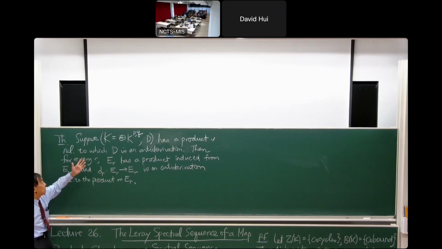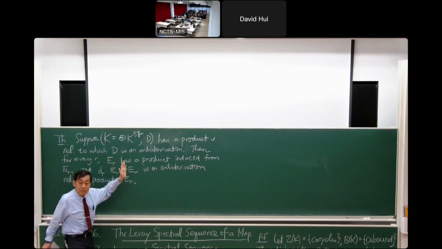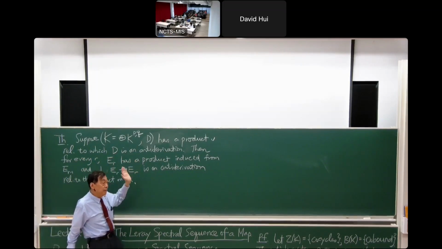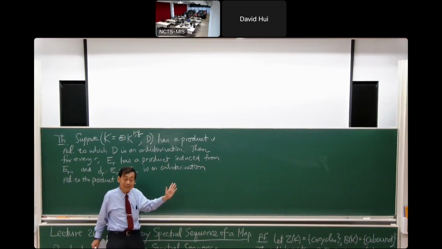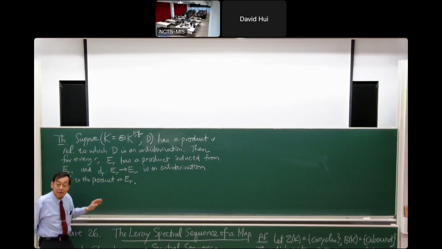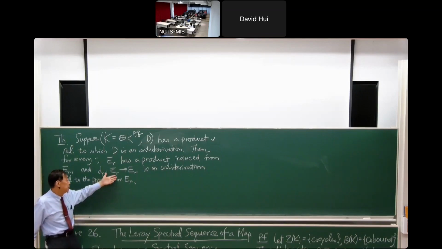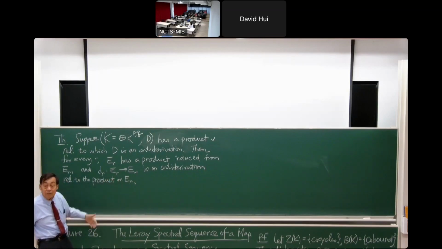And then for a double complex, in each degree, the filtration is always finite. So you'll get an E infinity, and that E infinity will be just one of the E_r where r is big. So E infinity will also have a product.